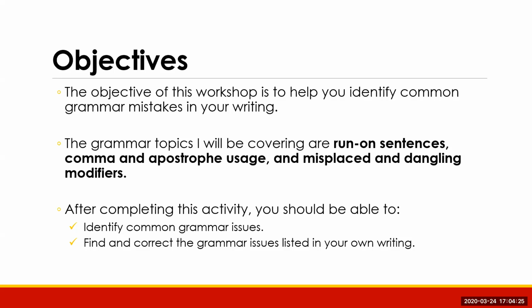After you complete this activity, you should be able to identify common grammar issues and find and correct those grammar issues in your own writing. So that's the goal for today. Like I said, there's quite a few different types of topics we're covering, so hopefully the worksheet will help you follow along while we cover them.